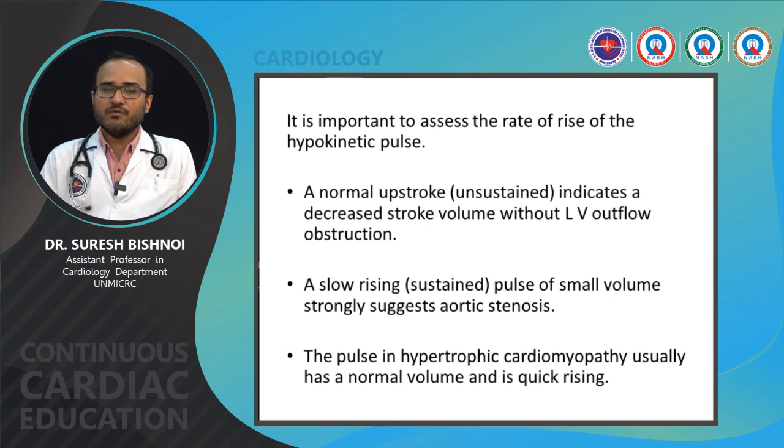But whenever you have an LVOT obstruction, the low volume pulse has a slow rise, which is very important to pick because the peak of the pulse is in late systole, and that indicates some LVOT obstruction like aortic stenosis. The pulse in hypertrophic cardiomyopathy is of normal volume, but it is very quick rising. You can say the pulse in hypertrophic cardiomyopathy is one of the fastest rising pulses.